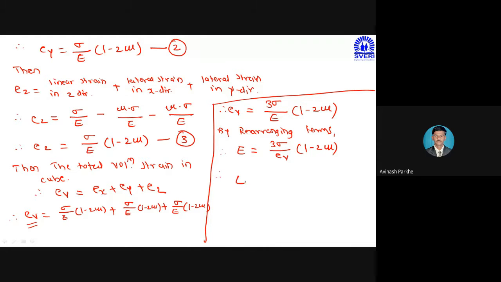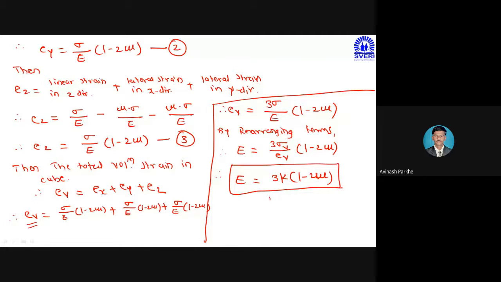Therefore, capital E is equal to, now tell me, sigma upon EV, this sigma means your volumetric stress. EV means your volumetric strain. Now tell me, volumetric stress upon volumetric strain, it is called as what is the definition? Bulk modulus. Therefore, 3K in bracket 1 minus 2 mu.